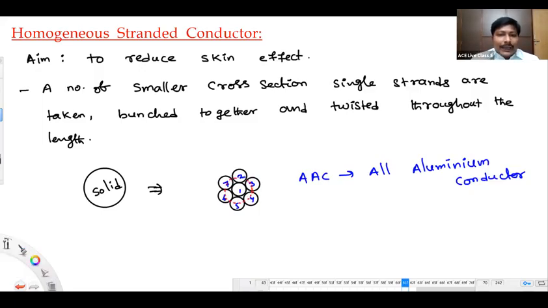So in my view, it is a 1 layer AAC conductor.